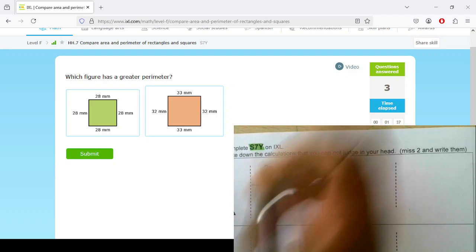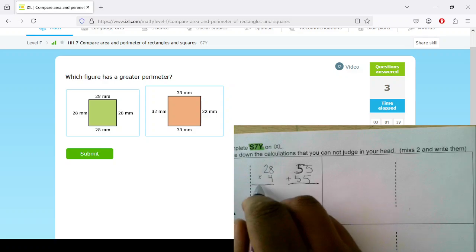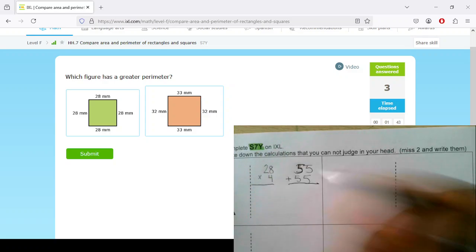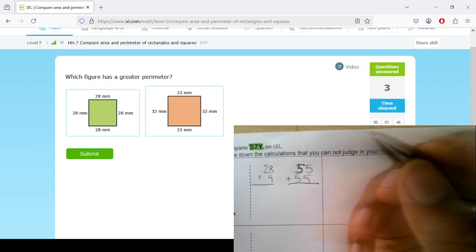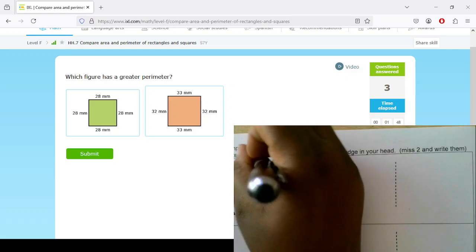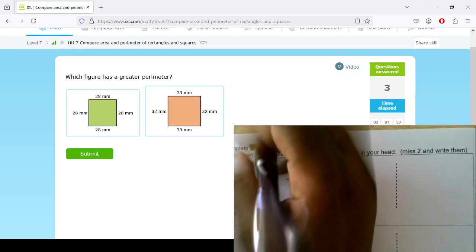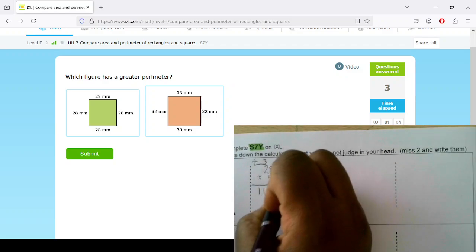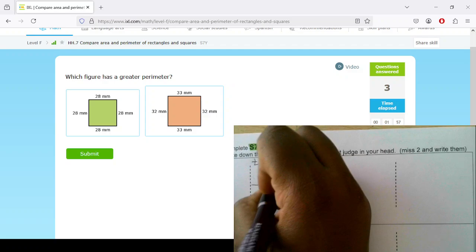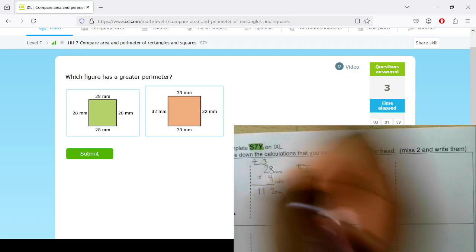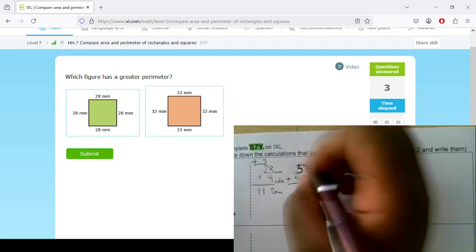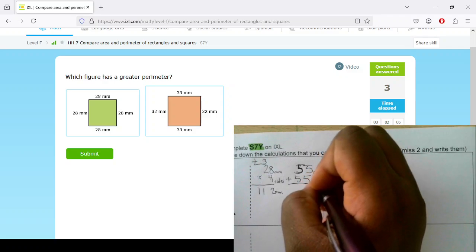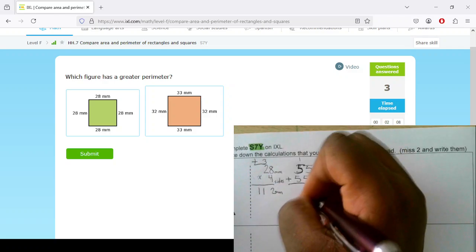Over here, to find the green perimeter, I can add 28 up 4 times, or I can multiply 28 times 4. That's 112 millimeters. And then 55 millimeters plus 55 millimeters is 110.